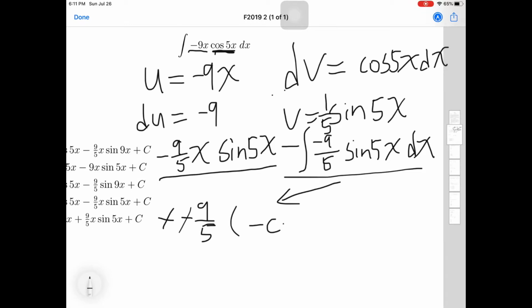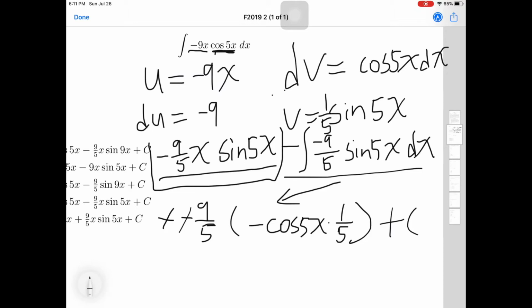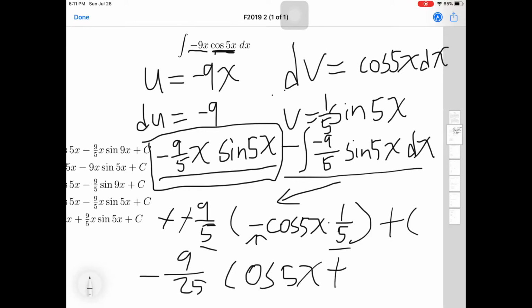it would be negative cosine 5x times 1/5, and that will be plus c. So in total we have this part for uv, and then over in the minus v du part we have the negative sign here, so negative 9 over 25, the 9 over 5 times 1/5, and cosine 5x plus c.